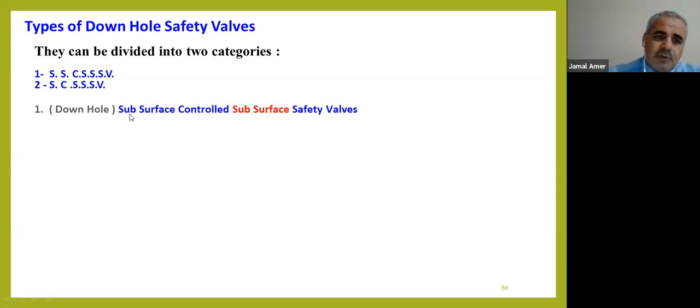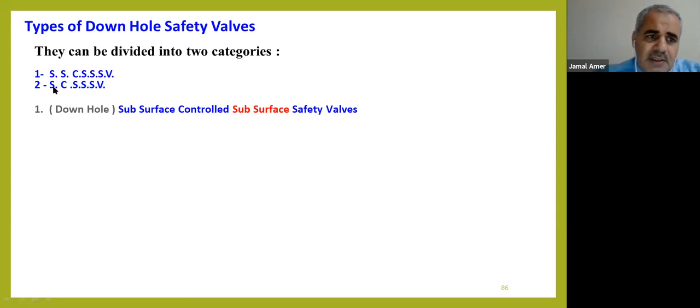It closes mainly due to the flow of the well and the velocity of the flow. If the velocity of the flow increases beyond the resistance of the spring which keeps the valve open, the valve will close.